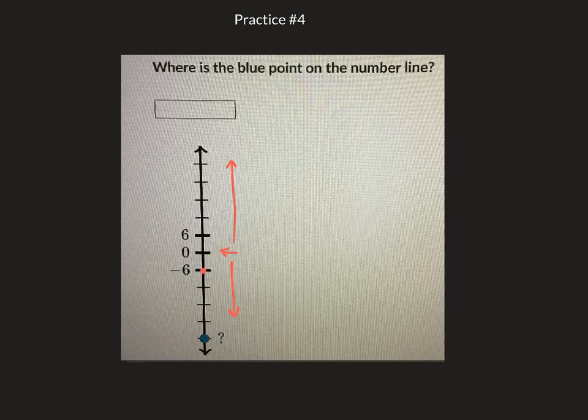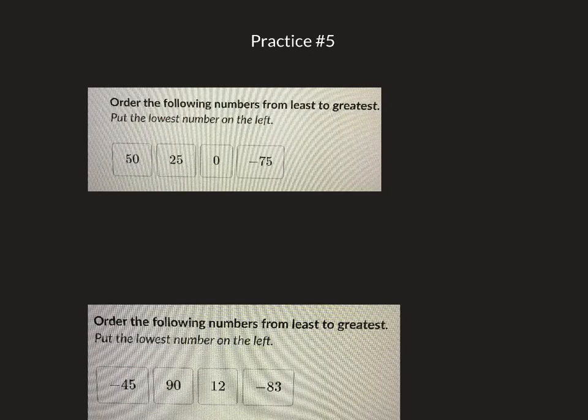And I'll say, okay, 6 times 2, 6 times 3, 6 times 4, 6 times 5. It's going to be 30. But it's down here, right? So it's a -30. 2, 3, 4, 5. Hope that makes sense. Okay. And it does, so I'm going to move forward.